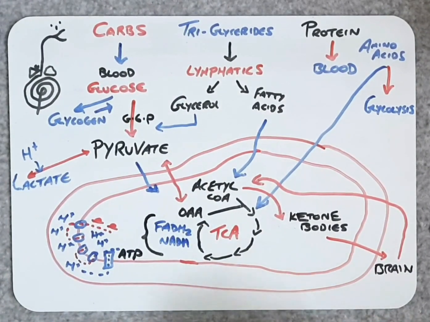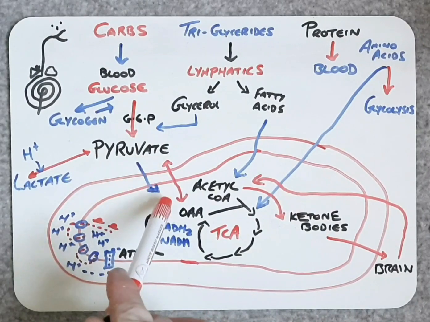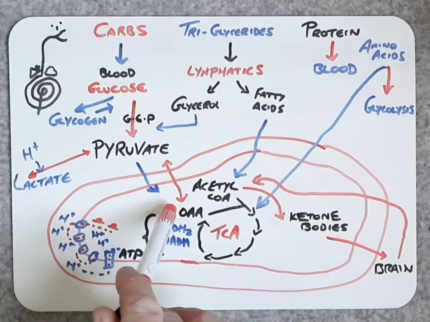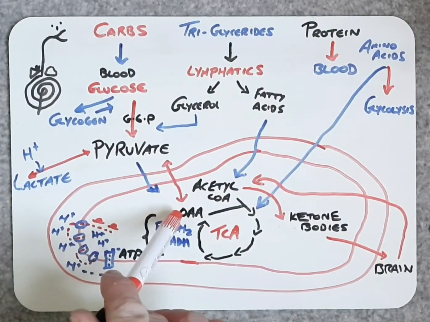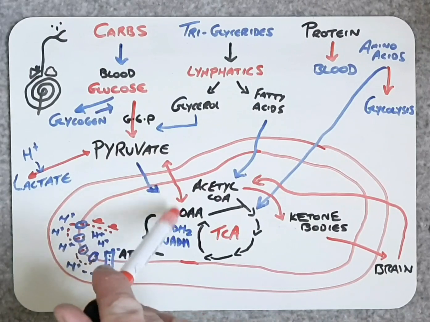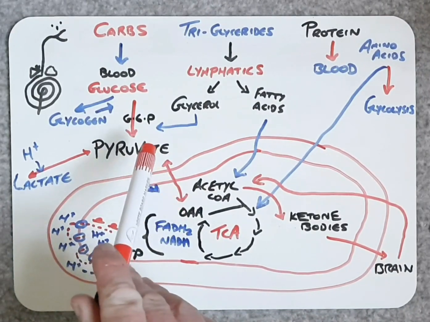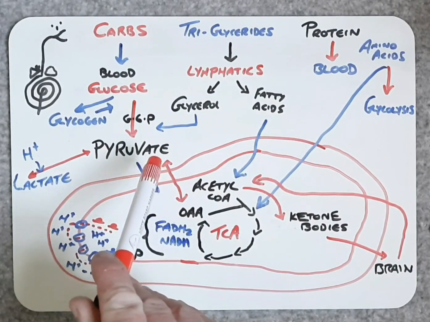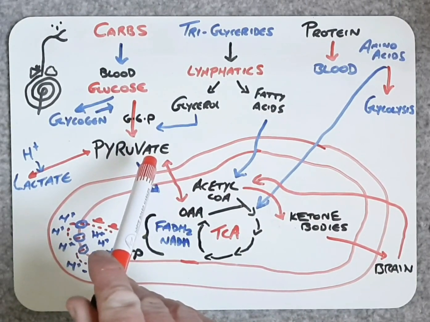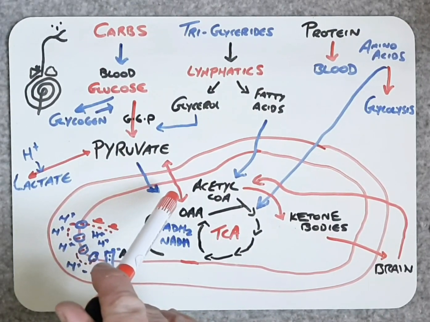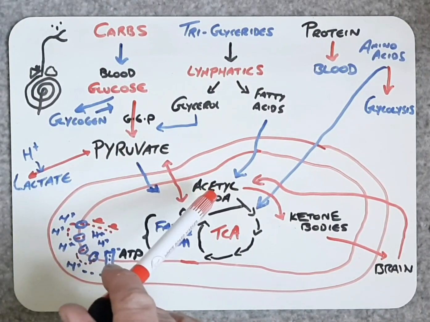So what happens? Well, that's what this arrow here is for. Oxaloacetate can actually turn itself into pyruvate through, again, a number of steps. I'm very, very simplifying this, but the aim of it is to turn itself back through the membrane into pyruvate, which can then turn itself through chemical exchanges back into acetyl-CoA.